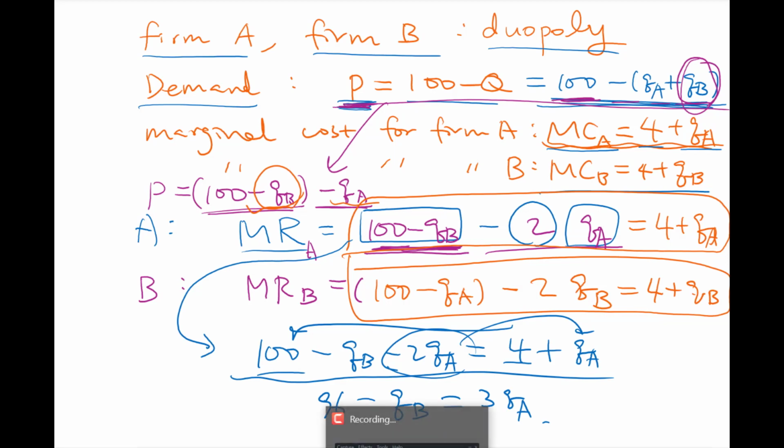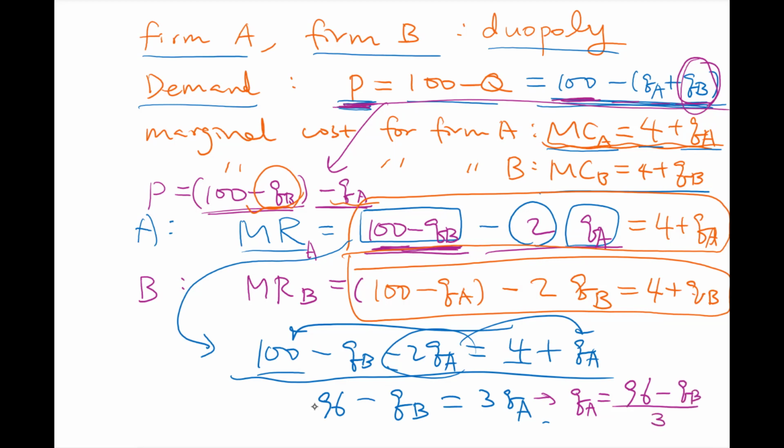If I rewrite this one, let me change the color again, then I can rewrite it as QA equals 96 minus QB, the whole term on the right-hand side divided by 3, right?